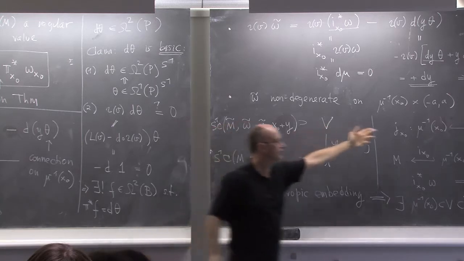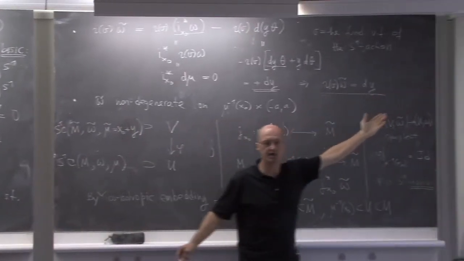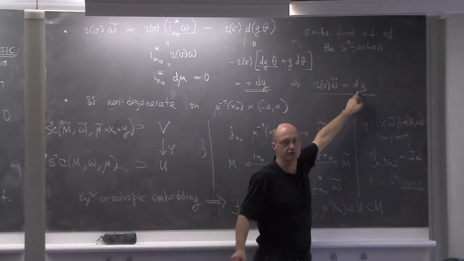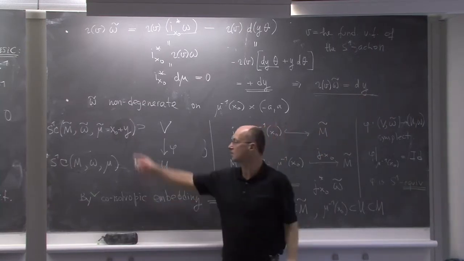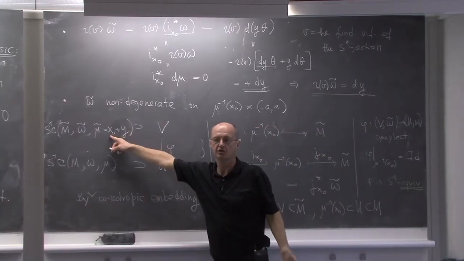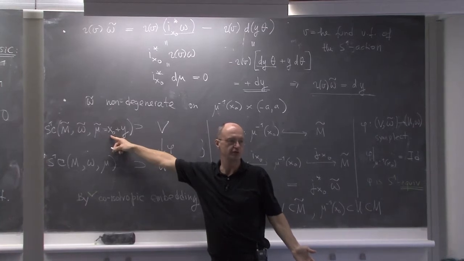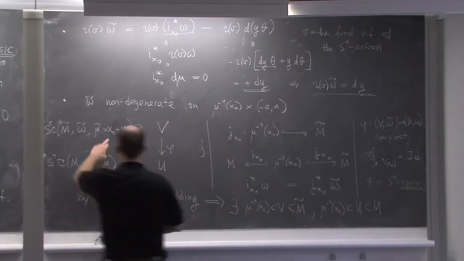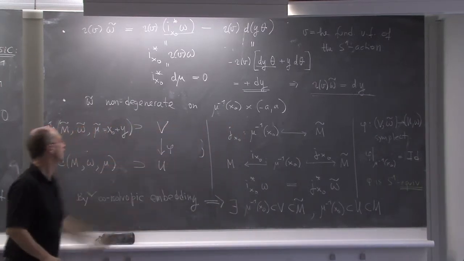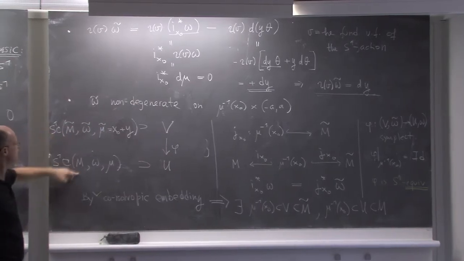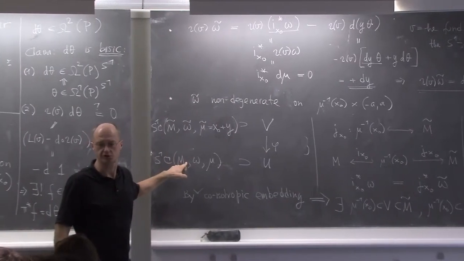And now, because the moment maps satisfy the same equation, their differentials are the same and they match on the level set, they will match everywhere. So now we do have a symplectomorphism which intertwines the two structures.